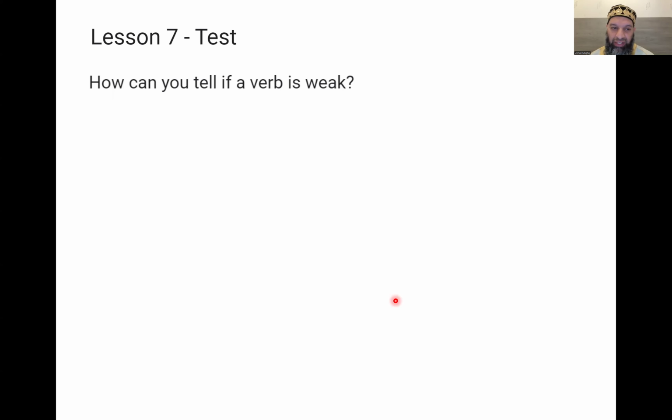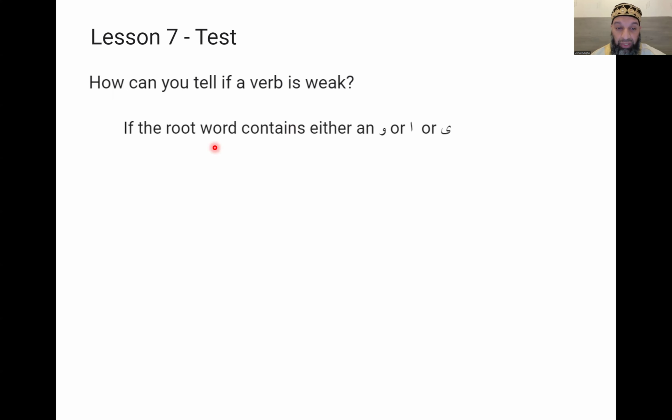We're just repeating this again, hoping for it to be solidified in the brain. So if the root word contains an alif, waw, or ya, then the verb is weak. And also if the second and third root letters are the same.